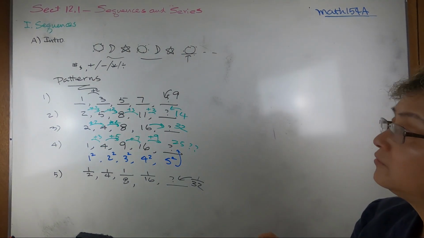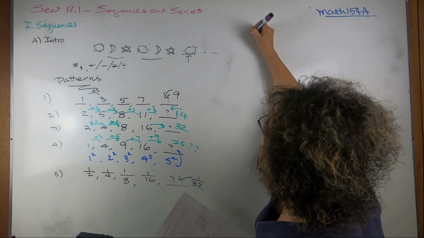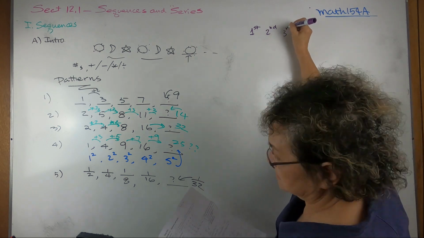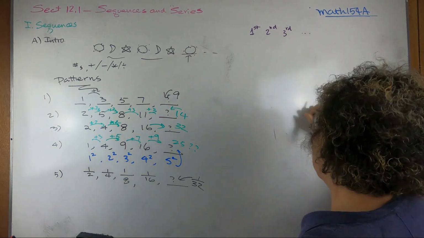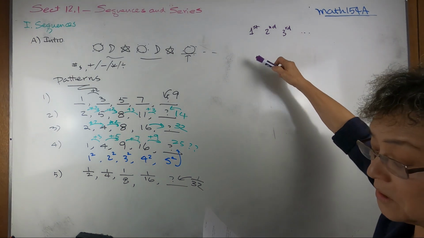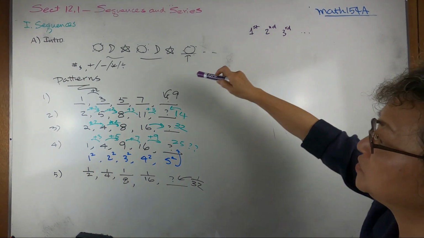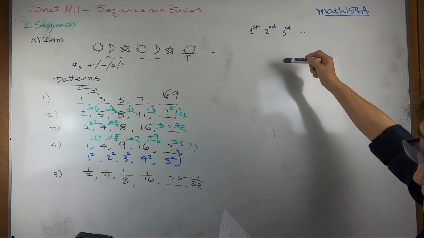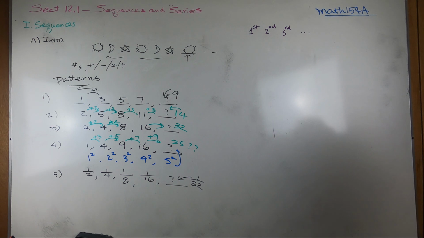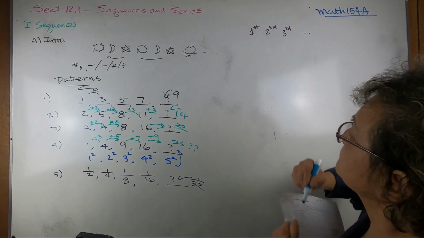For each event, you say this is the first event, second event, third event, and so on. And those are pointers to show which position we are in, so we call it a location pointer.